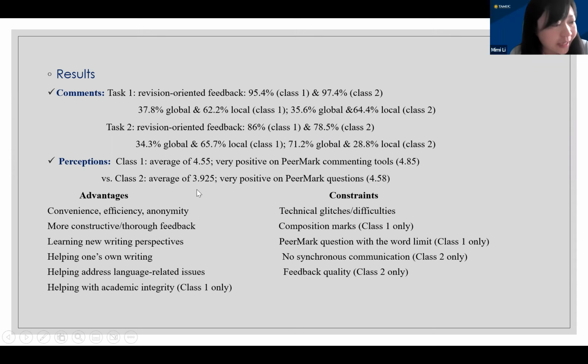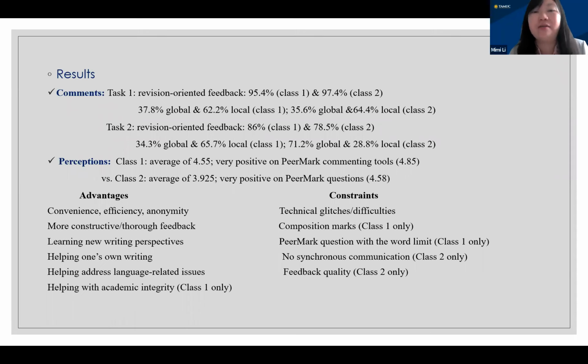Then in terms of the perception, it's a little bit different. You can see group 1, class 1, those are mainstream students, the native English speakers. They have very high positive feedback, 4.55 out of 5. But the ELCL learners have 3.925 out of 5.